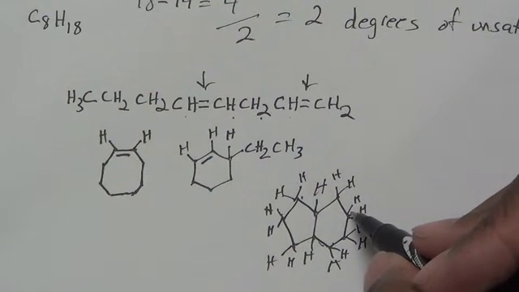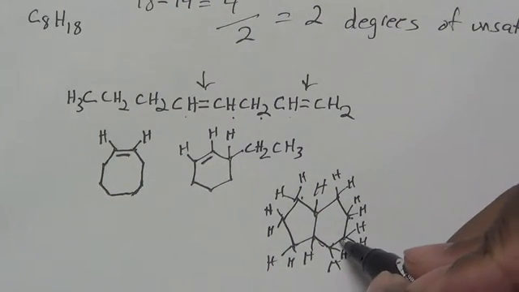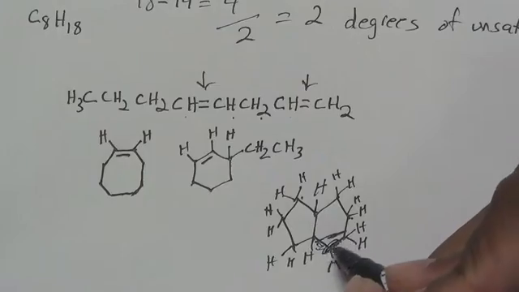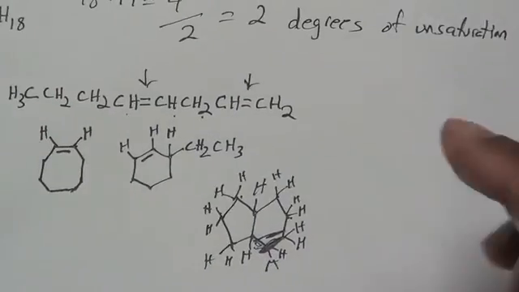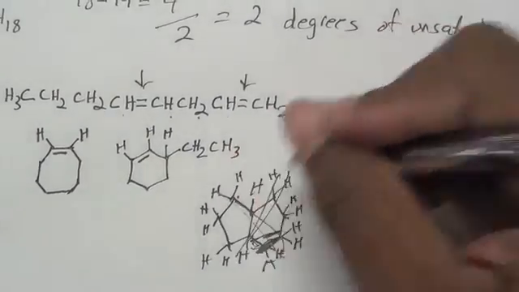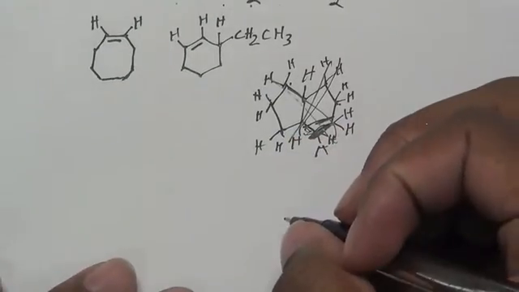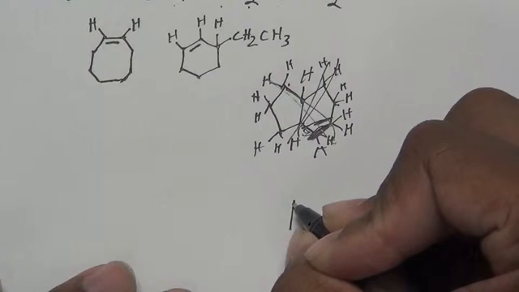Wait a minute, I did something wrong. 1, 2, 3. Oh, I have too many on this side. Forgive me. So let me draw this over. Cancel that one. Let's draw this one over. Slide up just a little bit. Okay, here it is.